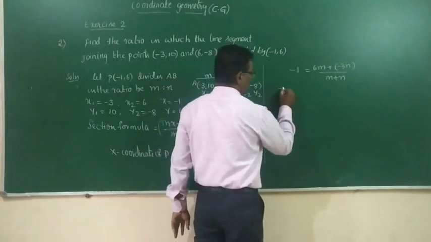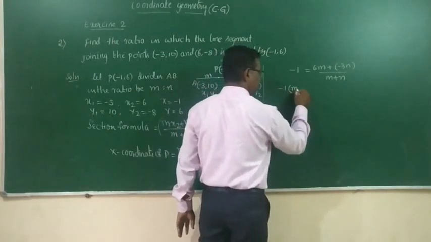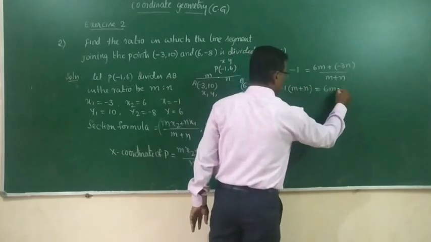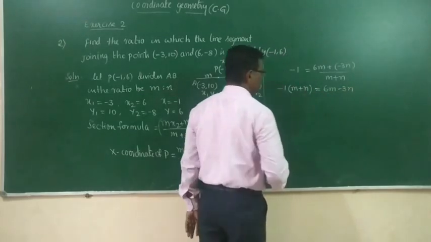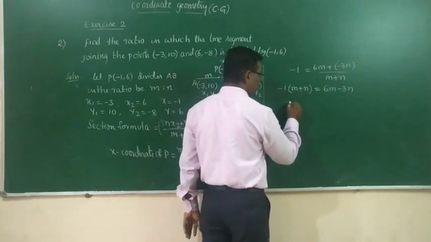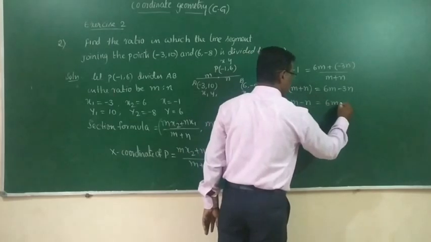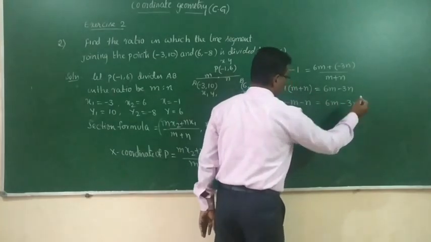By cross multiplying, -1(m + n) = 6m - 3n. Minus 1 into m is -m, so -m - n = 6m - 3n.